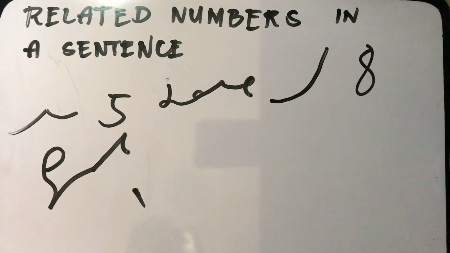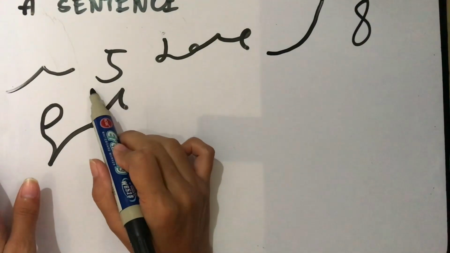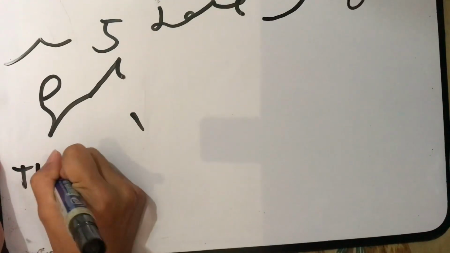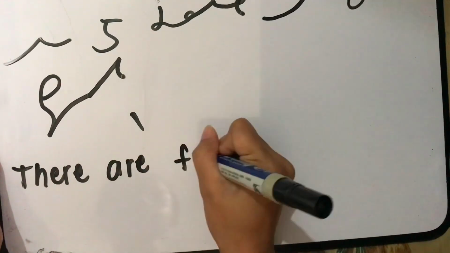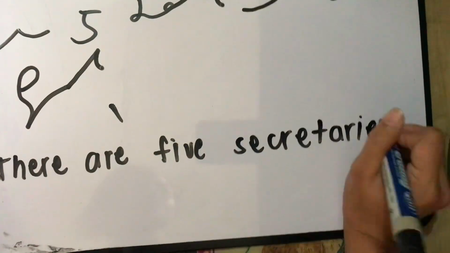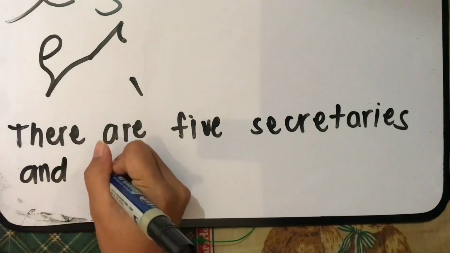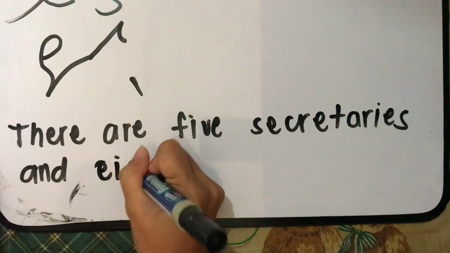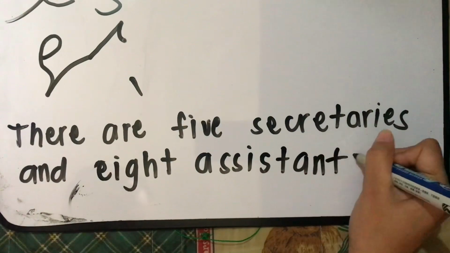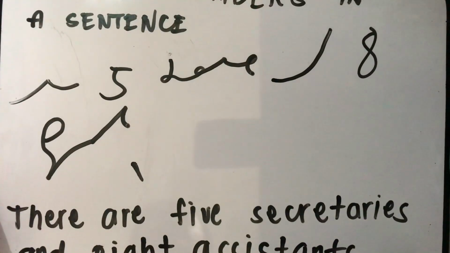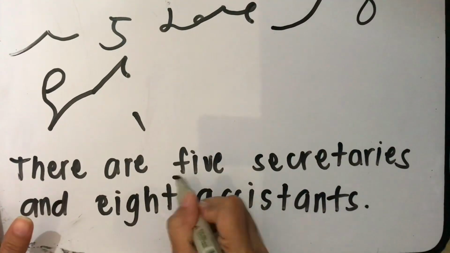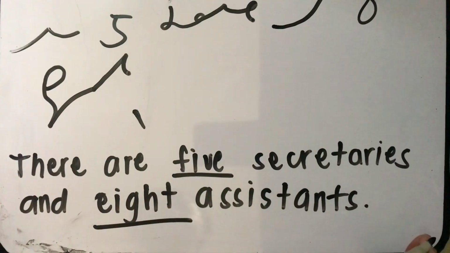If we are going to transcribe it, we will transcribe the 5 and 8 figures into words. So since 5 and 8 are numbers from 1 to 10, we have to write them in words like this. So there are five secretaries and eight assistants.